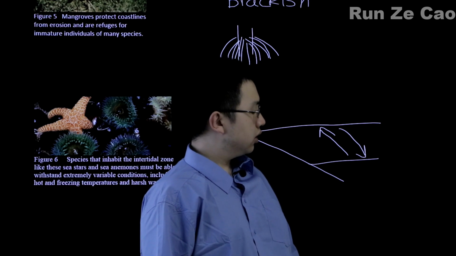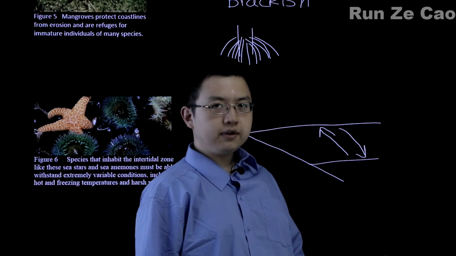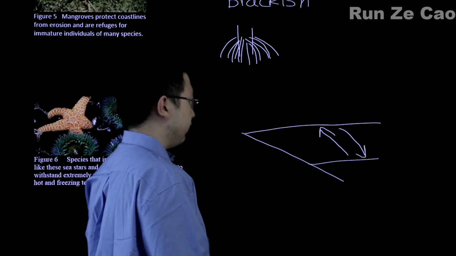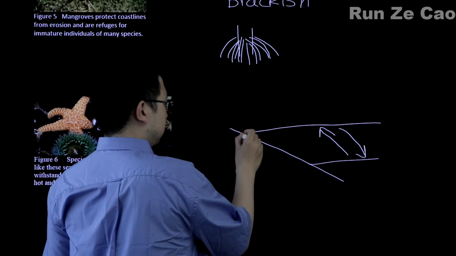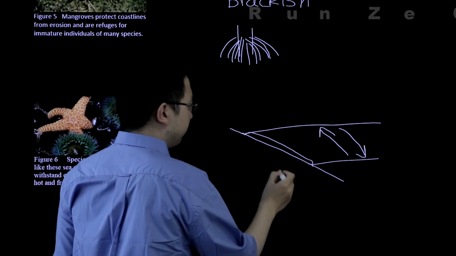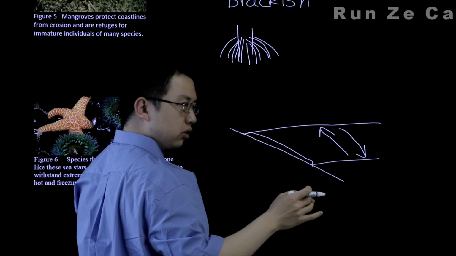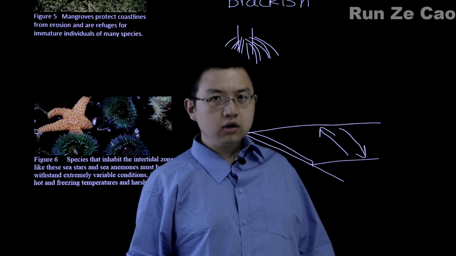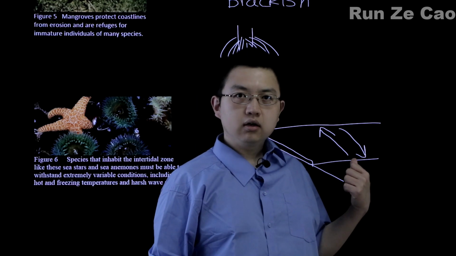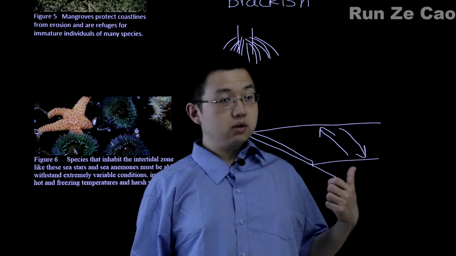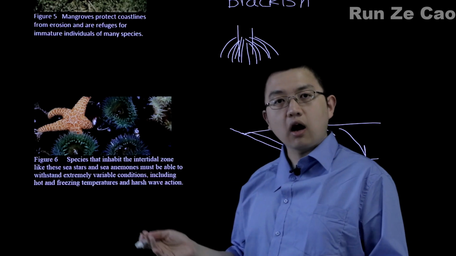All right. So what happens to organisms that are living here? If they live here, they must go from dry to salt water twice a day. Whoa, these must be some tough creatures, and indeed they are.